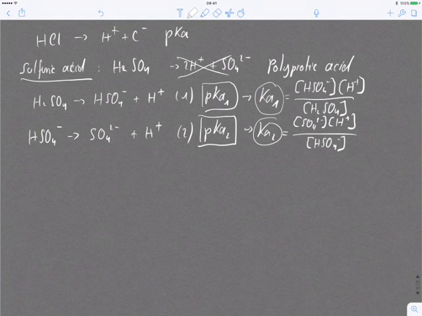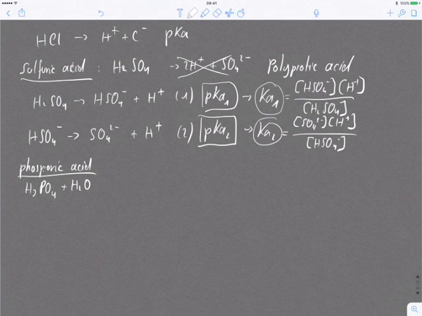Now you have other acids with more than one proton. The phosphoric acid, with the formula H3PO4. And of course you understand that you can write it with H2O, you're putting that into water. So let's write it the right way. H3PO4 plus H2O will give you H2PO4 minus, an anion, plus an H plus.